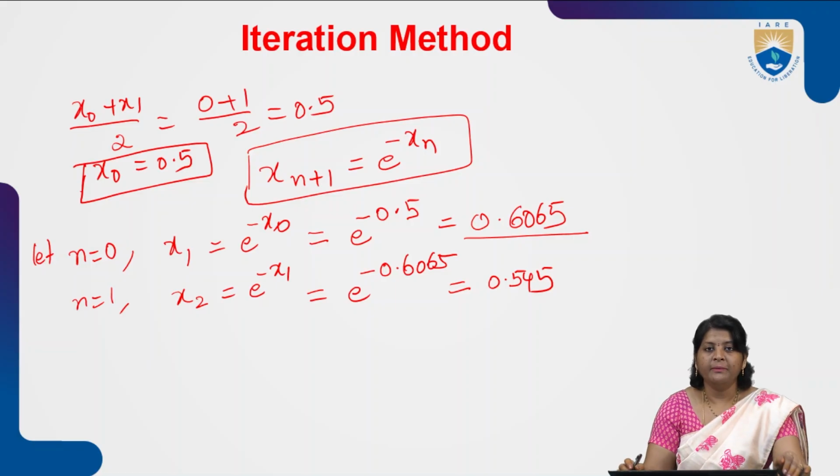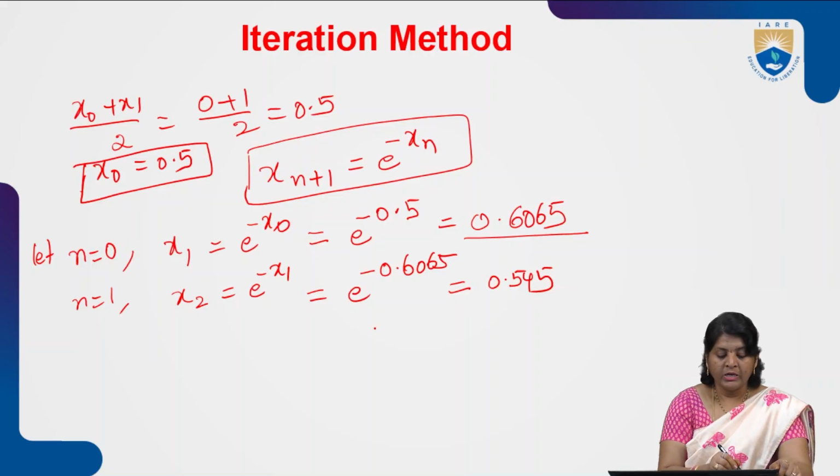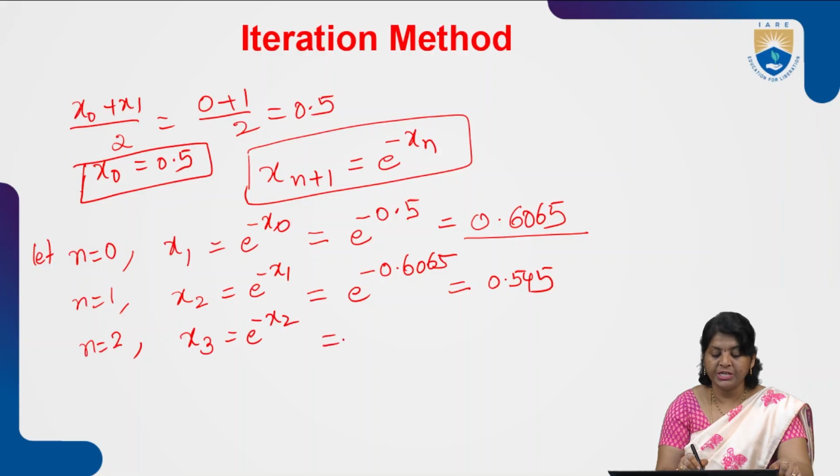So in this problem, I am going to consider only up to 2 decimals, not up to 4 decimals. So when n is equal to 2, that is for the third iteration, x3 is equal to e power minus x2, which is equal to e power minus 0.545.